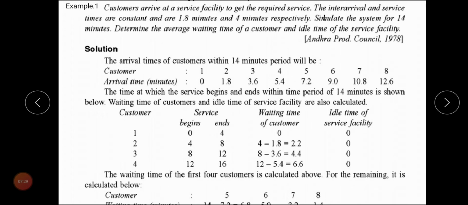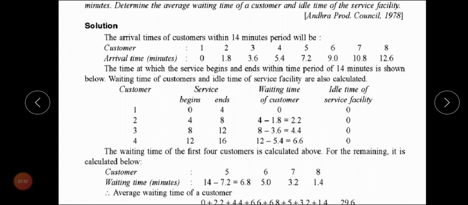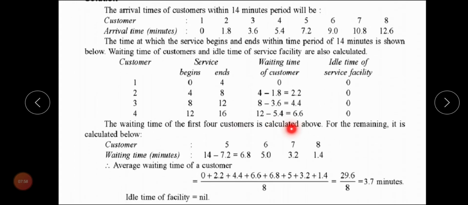The beginning time of customer 4 is 12 and the arrival time is 5.4, so 6.6 is the waiting period, and idle time for the service facility is 0. So this is about the first 4 customers. What about the remaining customers? The waiting time for the first 4 customers is calculated above.